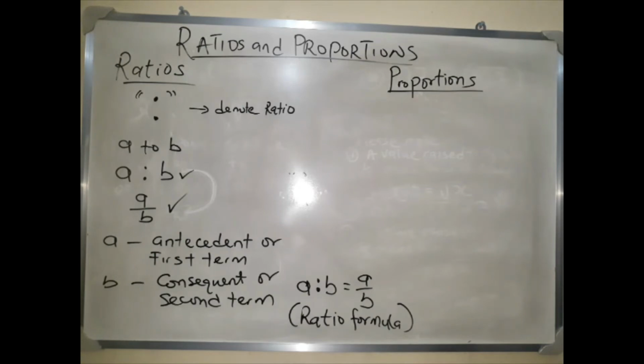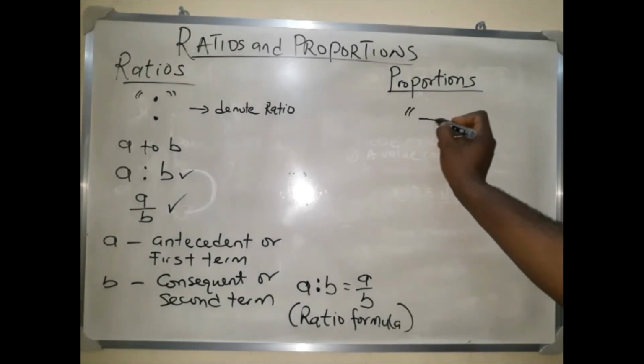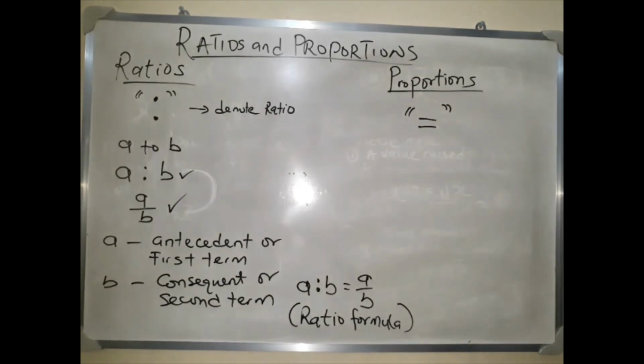In other words, the proportion states the equality of the two fractions or the two ratios. Proportions are denoted by the equal symbol, just as ratios use their own symbol to be denoted.